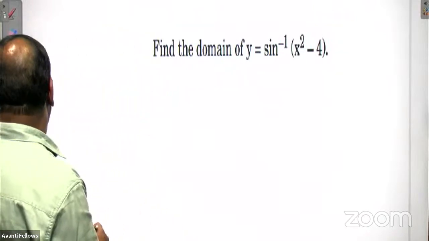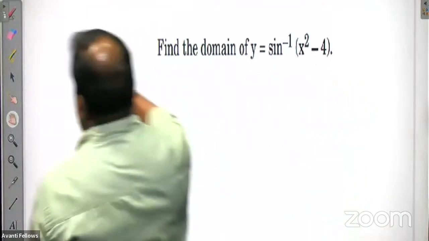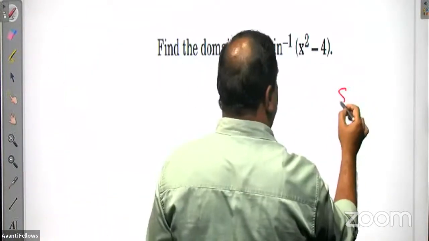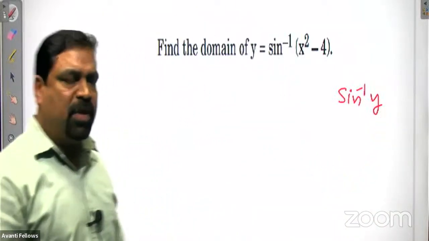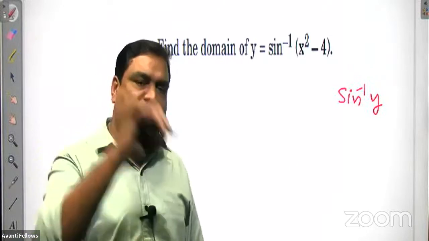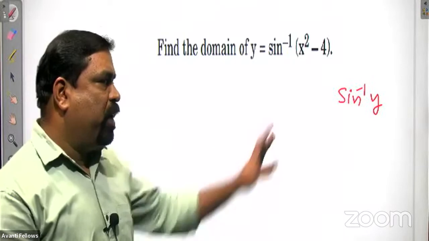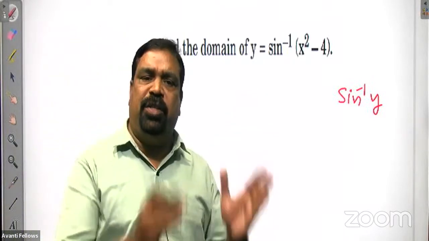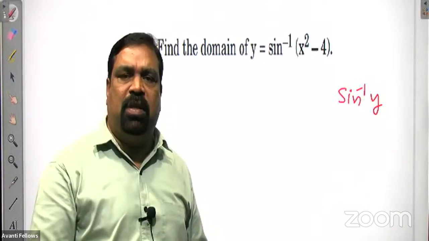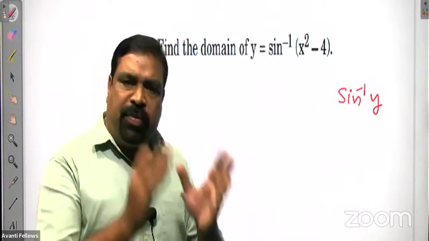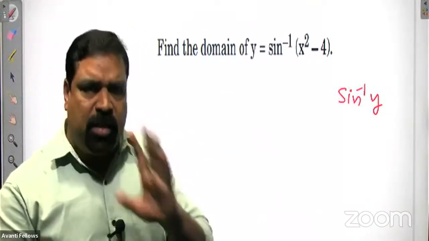So how to do it? We know if the function is sine inverse y, what values can be put for y? Very clearly, that is -1 to +1. The domain of the sine inverse function is the closed interval -1 to +1. Remember, that's the basic idea here.